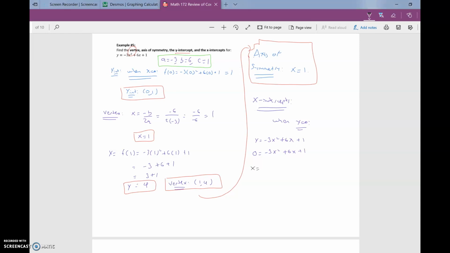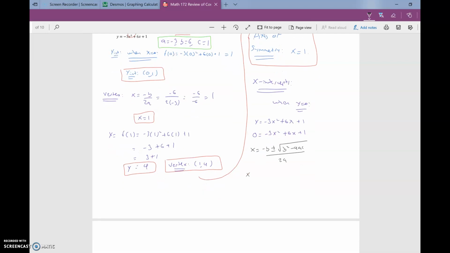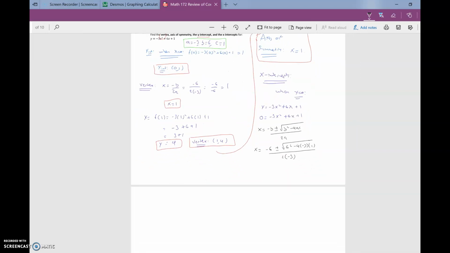So we're looking at x is equal to negative b plus or minus the square root of b squared minus 4ac, divided by 2a. So we're looking at x is equal to negative b, which is negative 6, plus or minus the square root of 6 squared minus 4 times negative 3, and c is equal to 1, divided by 2 times a, and 2 times a is equal to negative 6.